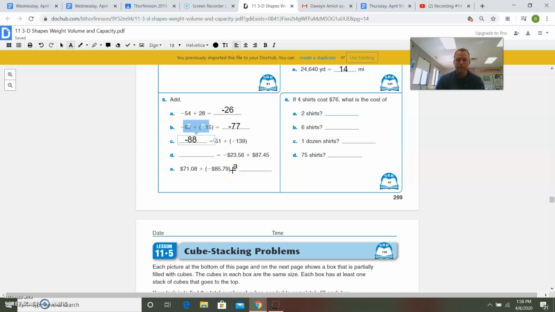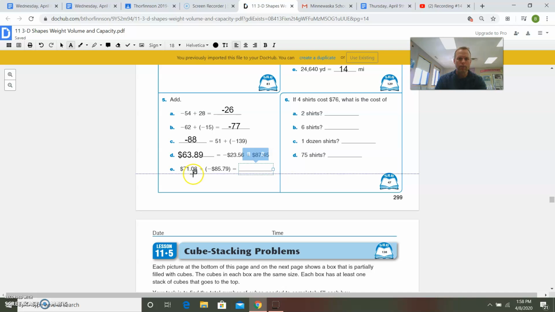Next you have negative $23.56 plus $87.45. You'd start at the negatives, face the positives, and walk forward. You're going to find the difference between these two, and the answer is a positive $63.89. And your final one, similar to that last one you did, you're going to find the difference between these two.